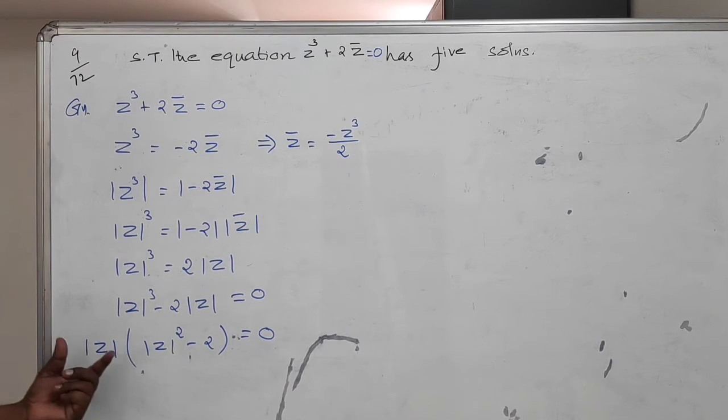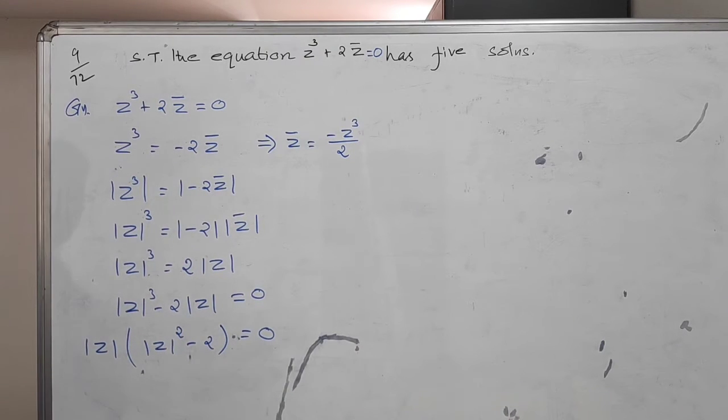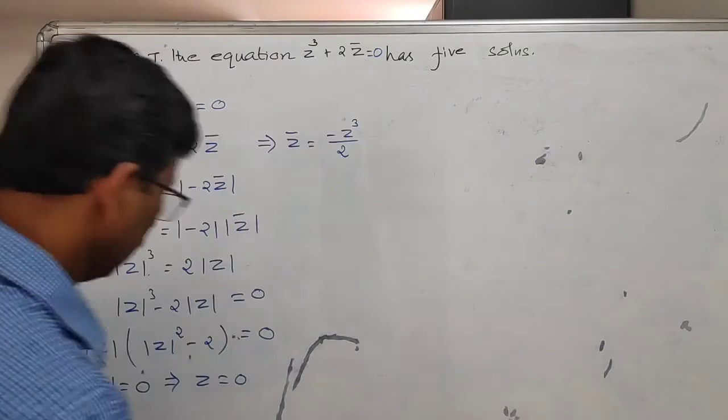Now here also we have factorized. Product of this and this equal to 0 means either the first one equal to 0 or the second one equal to 0. Therefore we can say modulus z equal to 0 means z is equal to 0. This is one of the solutions.